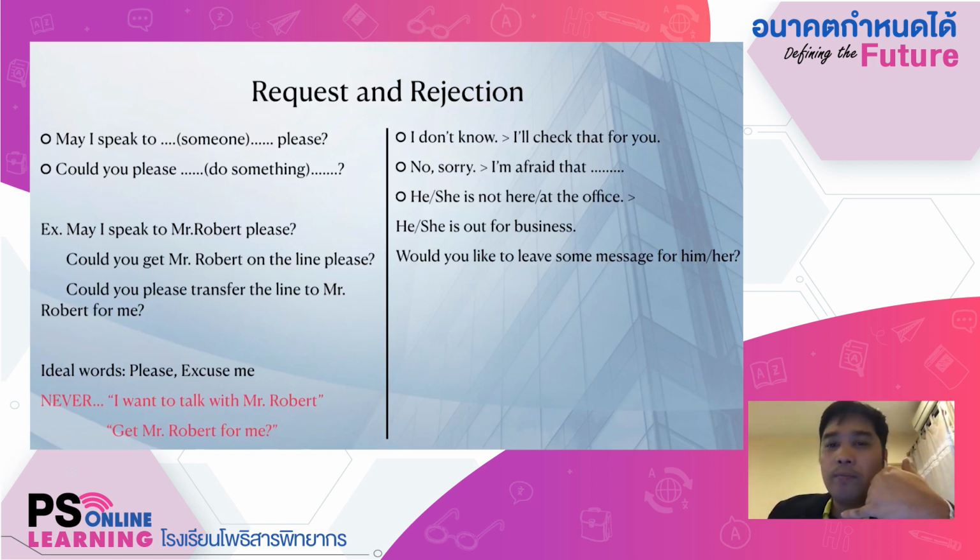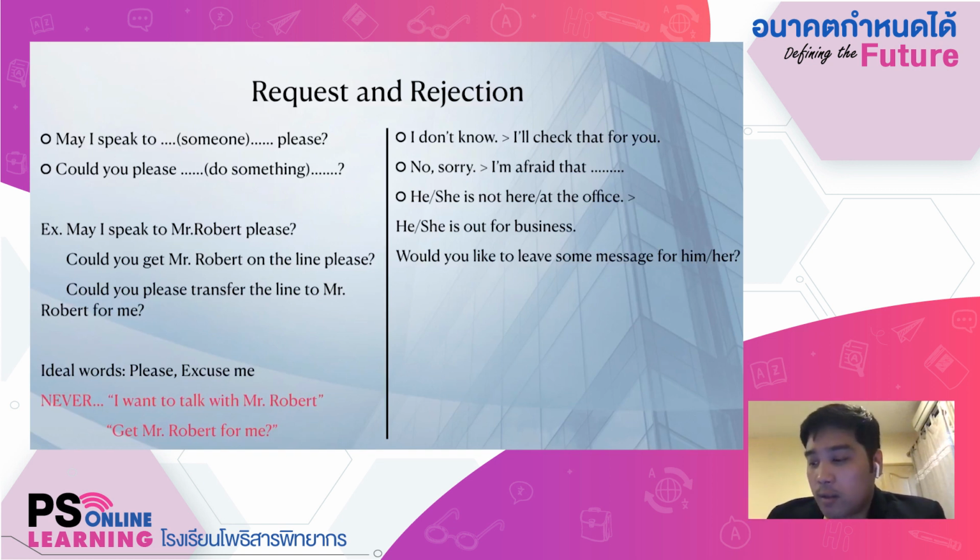For example, "May I speak to Mr. Brown, please?" Or you could say, "Could you please do something for me?" For example, "Could you please put on Mr. Brown's line, please?" Or "Could you please transfer the line to Mr. Robert for me?" Okay, this is just for the example.